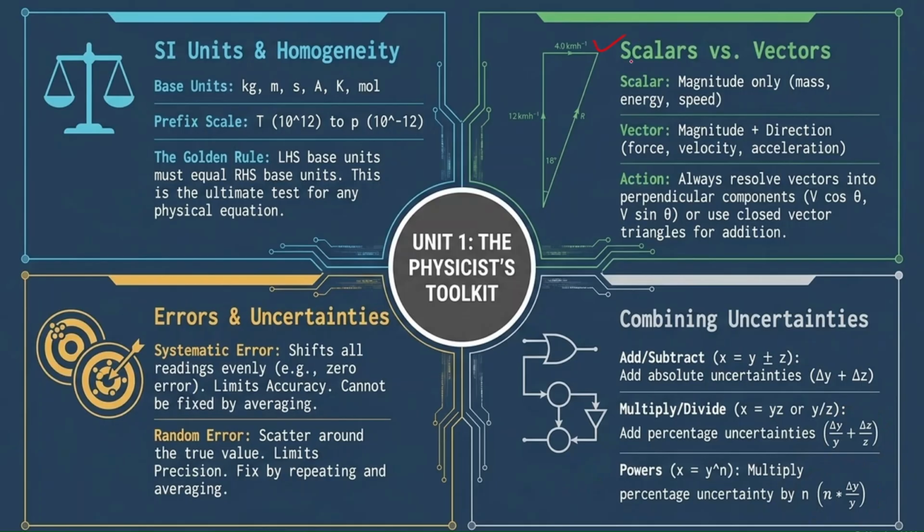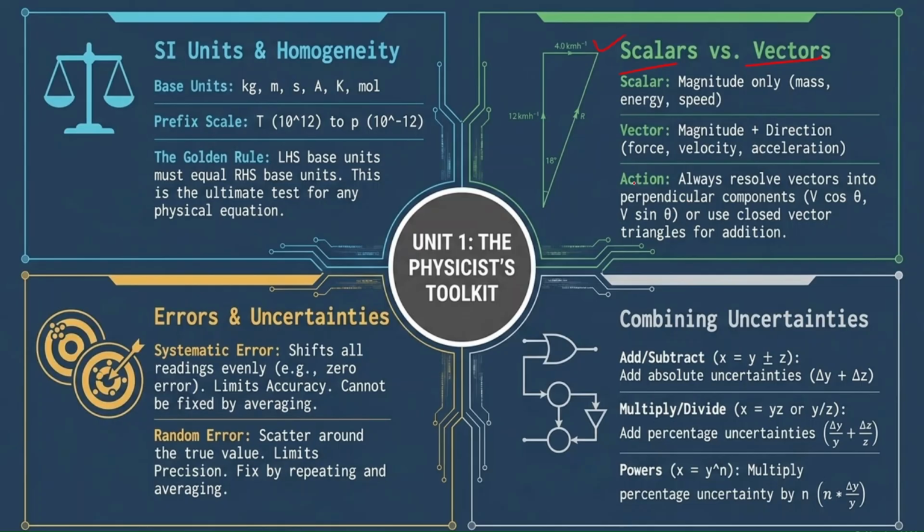Now we also saw the basic difference between scalars and vectors. For scalars, we do not need direction, and for vectors, we have to mention the direction.